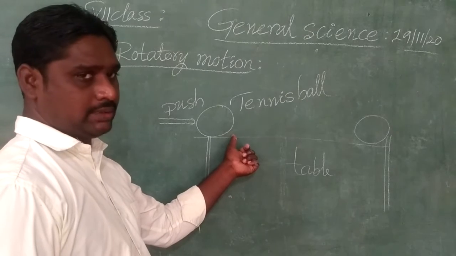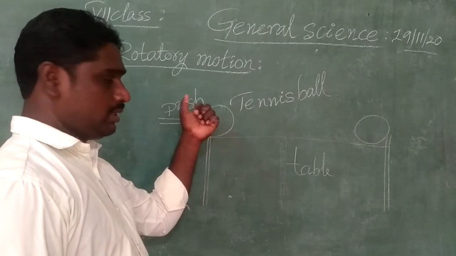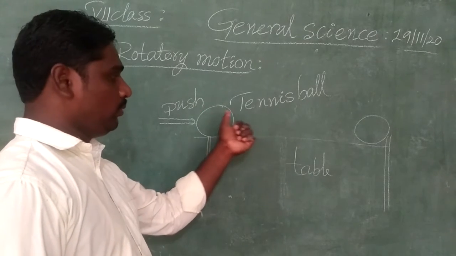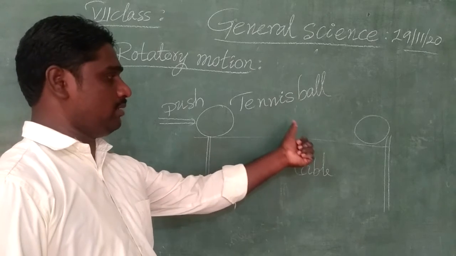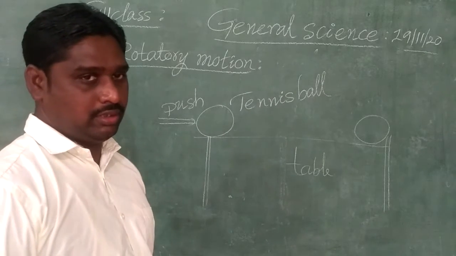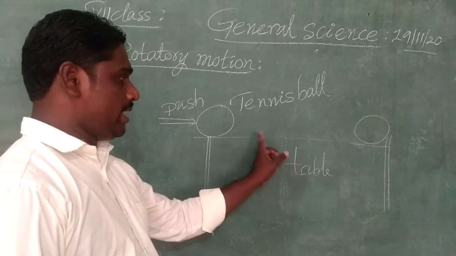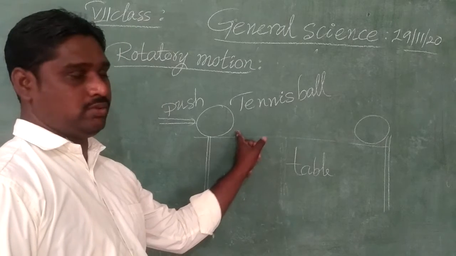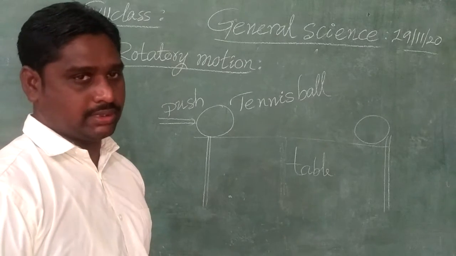In this way, the tennis ball moves in a particular direction, to reach from one point to another point.